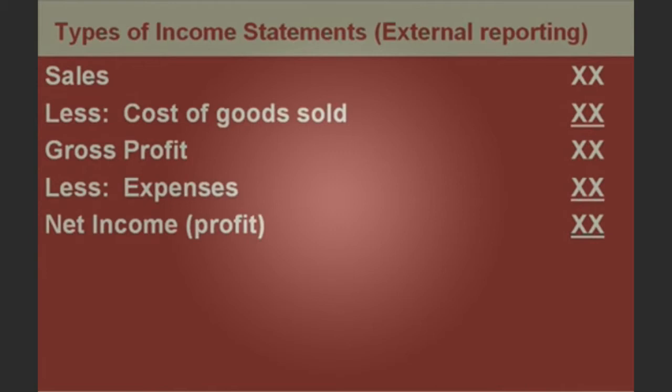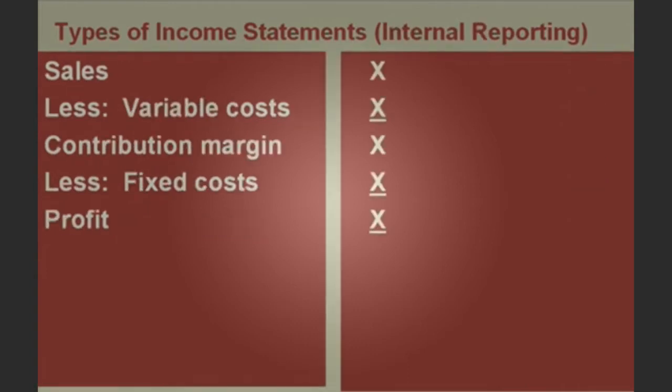The next one, for internal reporting, outsiders like the IRS do not see it. It looks like this. Start with sales, then you subtract variable cost.